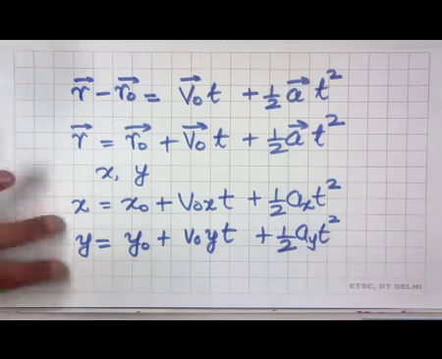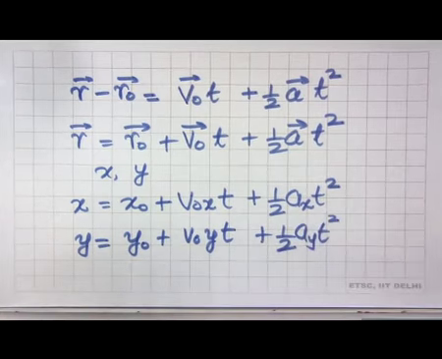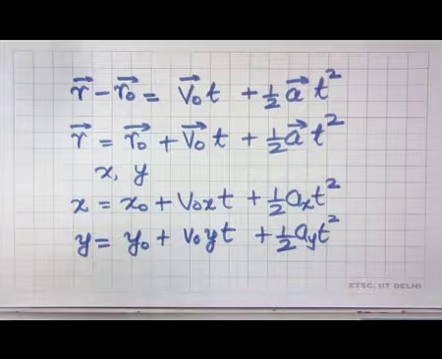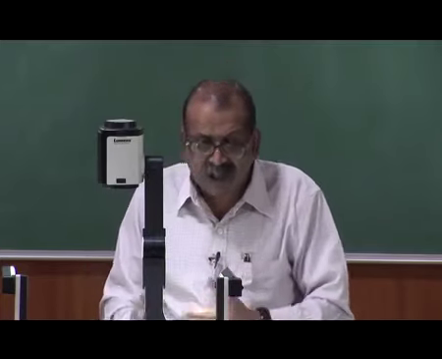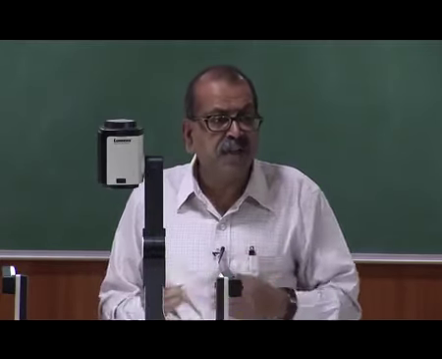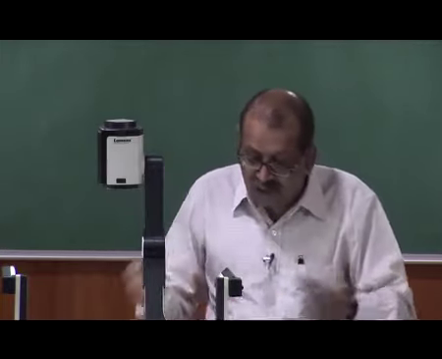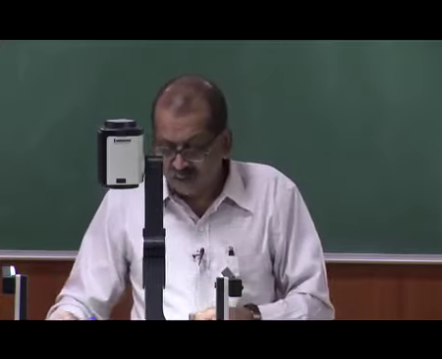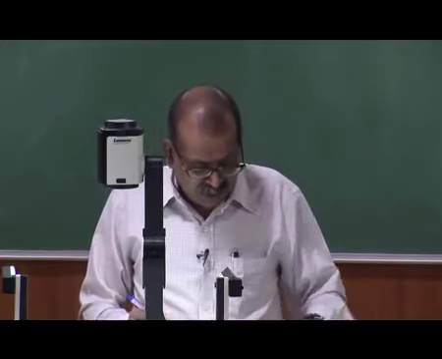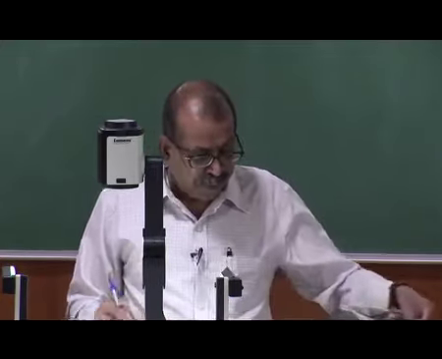Now, notice both of these equations are as if the particle is moving along x direction and y direction in an independent way, and we can treat the motions separately with accelerations ax and ay in an independent way.